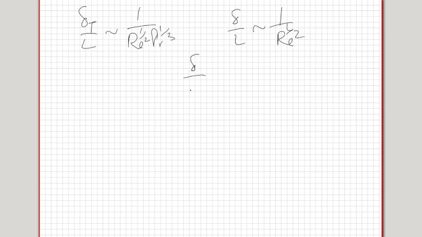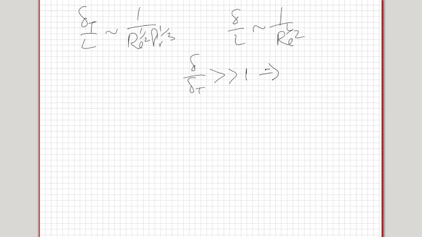Delta T by L is of the order of 1 over Re to the power of half Prandtl to the power of 1 by 3. And I also know delta by L is of the order of 1 over Re to the power of half. So if I take delta by delta T, in this case this is supposed to be much greater than 1, which is, what is this here?